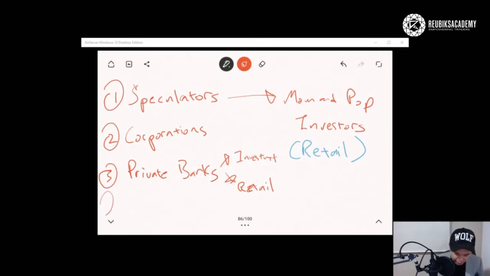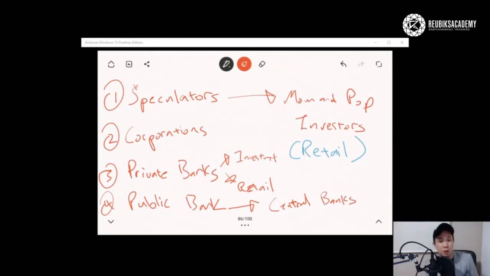Now the last participant is your public bank, your fourth and largest participant. These are banks that have direct relations to the government, or are owned by the government. Usually we also call them central banks, meaning banks that are directly controlled by the government, and these are national banks.